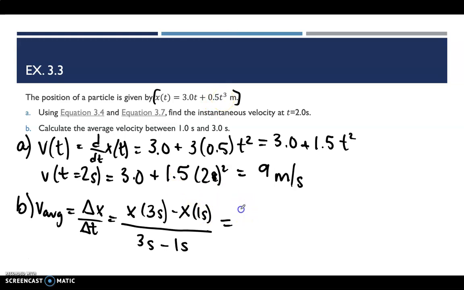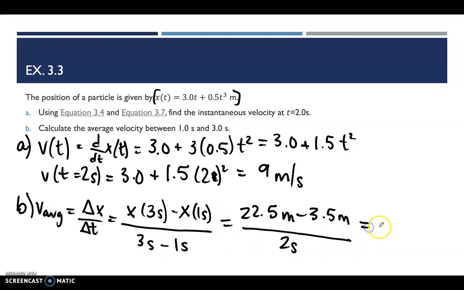Doing that math, you get 22.5 meters, minus, do the same thing for 1, and you'll get 3.5 meters. You have 2 seconds on the bottom. So then you get 9.5 meters per second. That's what is meant by the average velocity between these two times.